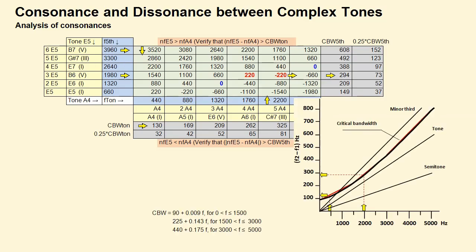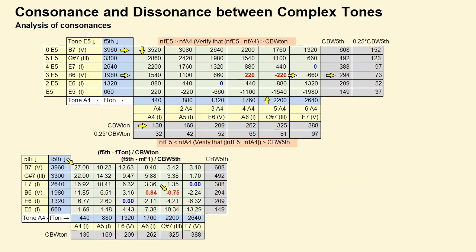Next, we will consider the determination of critical bandwidth fractions. Below the table of frequency differences, beat frequencies, between pure tones, a table has been added indicating the ratio of frequency differences to critical bandwidths for each of the pure tone pairs. Arrows have been used to indicate the sequences for determining the ratio of frequency differences to critical bandwidth for two pure tone pairs.